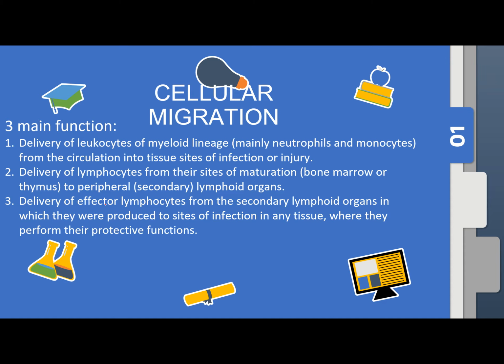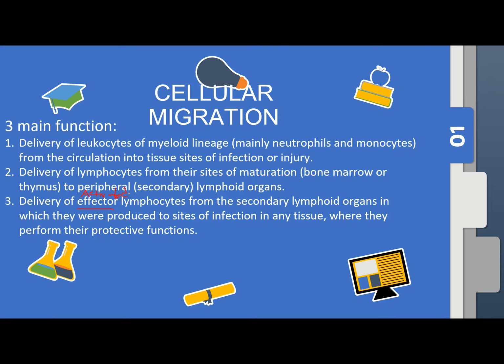And then three, delivery of effector lymphocytes from the secondary lymphoid organs in which they were produced to sites of infection in any tissue where they would perform their protective function. Now here, class, there is the word effector. Whenever you hear the word effector, this is somewhat synonymous to the word activated.